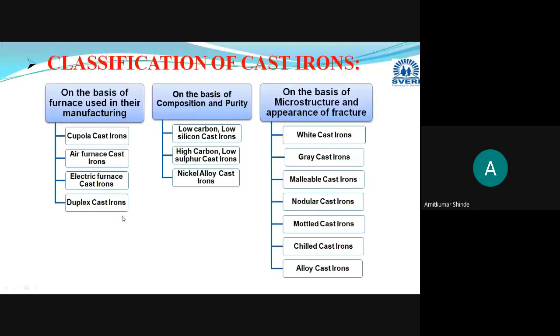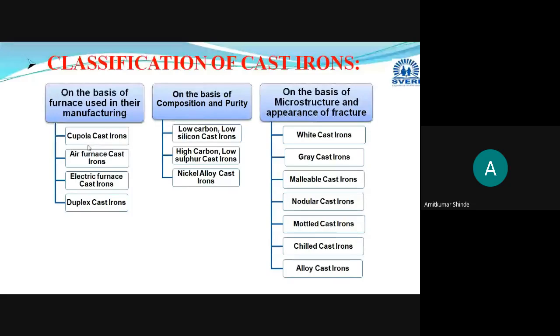And what is the meaning of duplex cast iron? Here, any two furnaces from the above list, whichever three furnaces I have mentioned: cupola furnace, air furnace, and electric furnace. In the duplex process, you are using two different furnaces. For the melting operation you use one furnace, and for the remaining refining process, alloying process, or any other heat treatment required, you use another type of furnace.